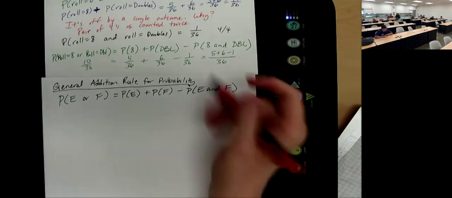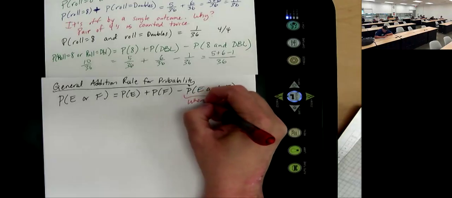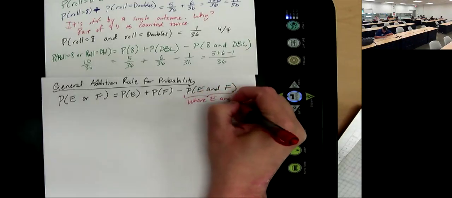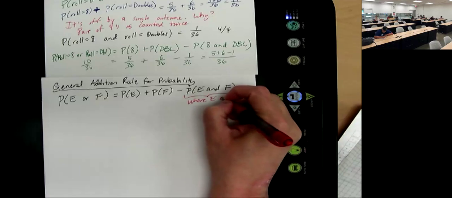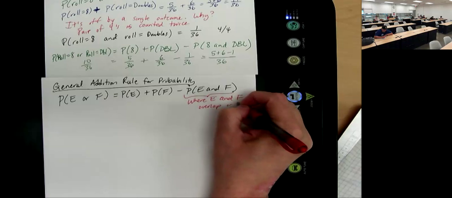And like we saw in the last one, this is where E and F overlap, or have something in common.